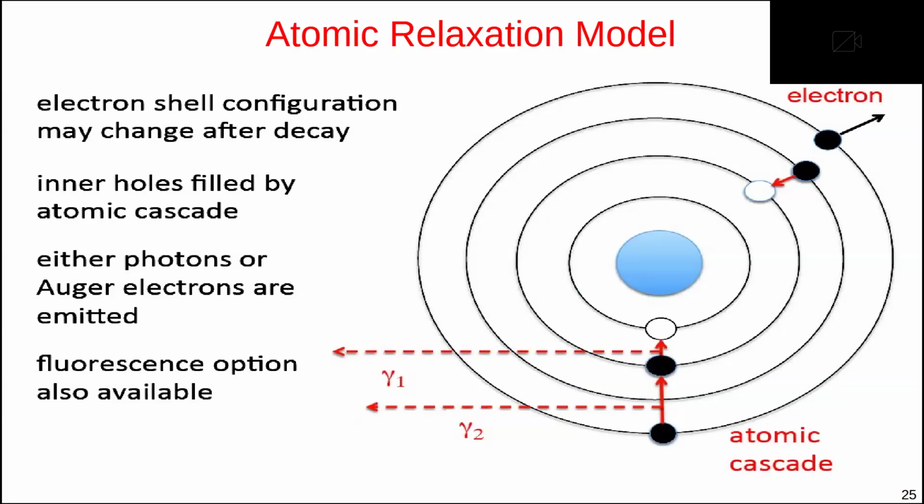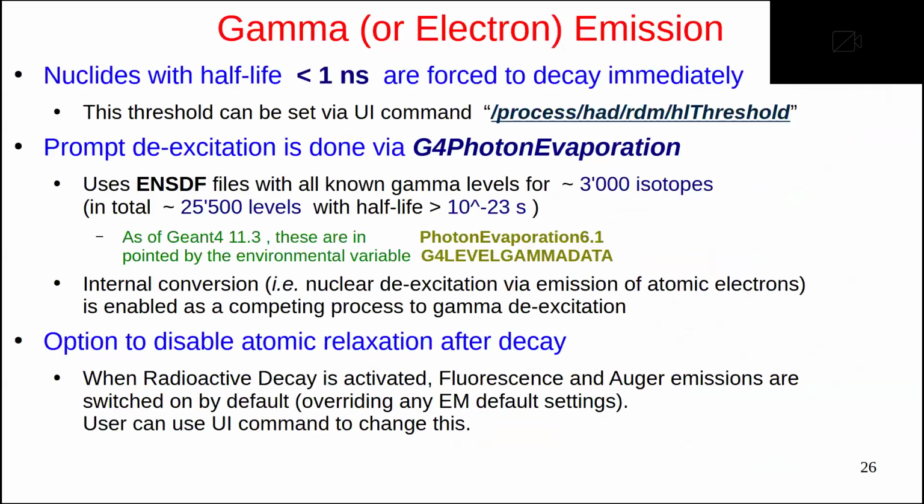So very frequently, almost always, whenever you have a radioactive decay process which involves the nucleus, you then have also a set of emissions, essentially X-rays and Auger electrons, which are emitted in order to bring the electronic configuration around the nucleus to the ground state.